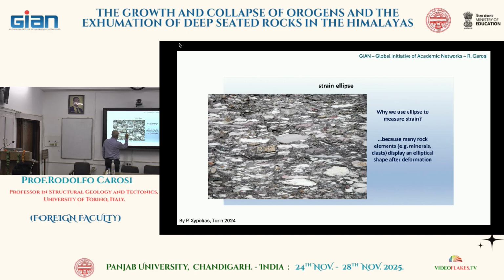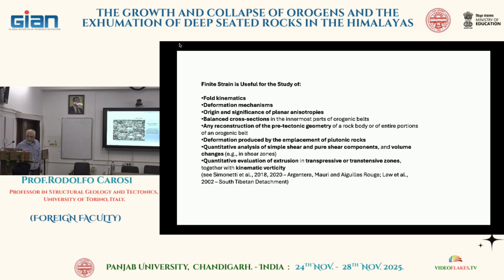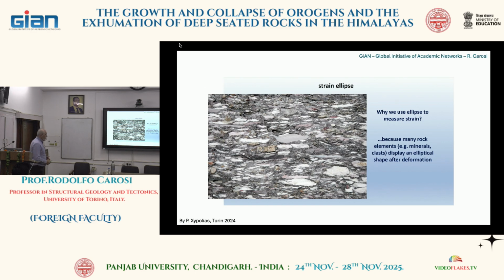You can see a shape like this, very irregular or rectangular, but you can fit an ellipsoidal shape inside this object, so you can approximate it to an elliptical shape. Of course, you cannot use only one clast of this deformed metabreccia; we have to use many clasts, maybe 40 or 50, to have a good indication of strain.